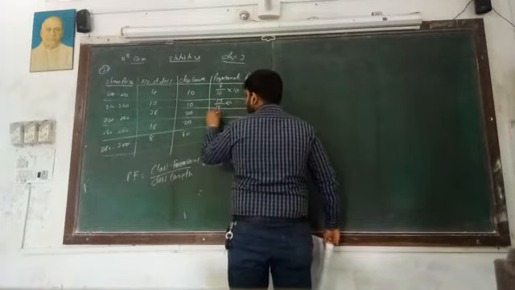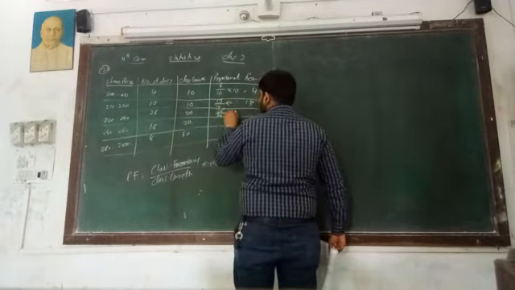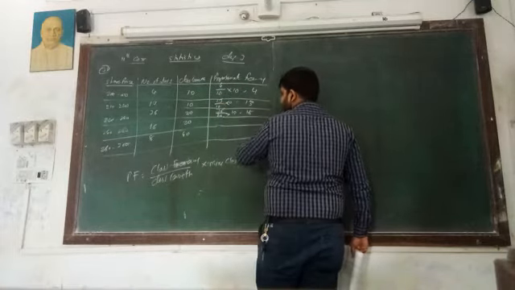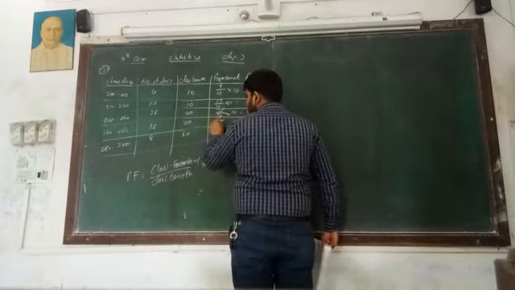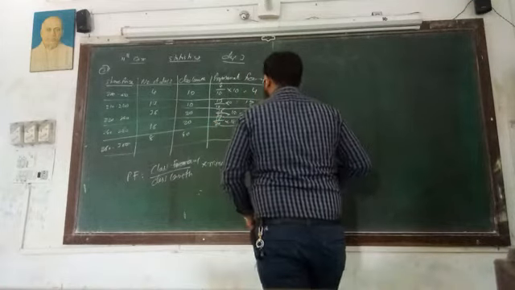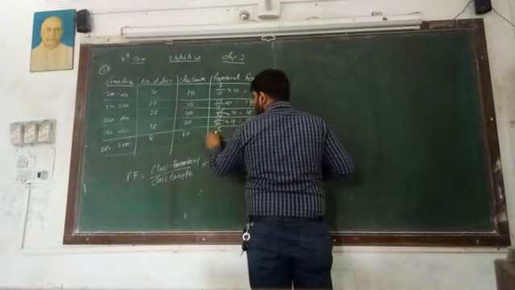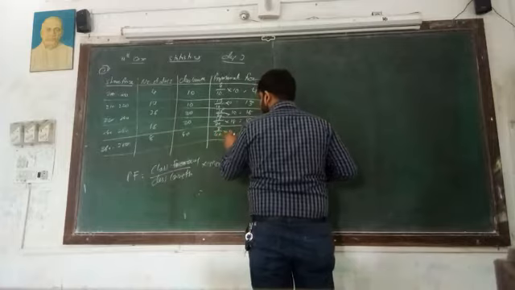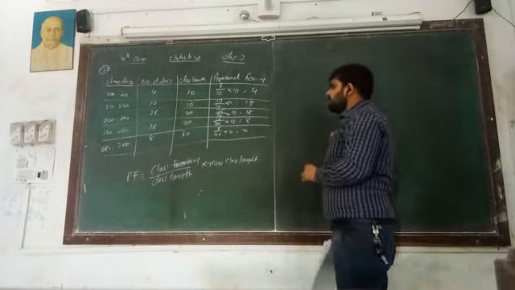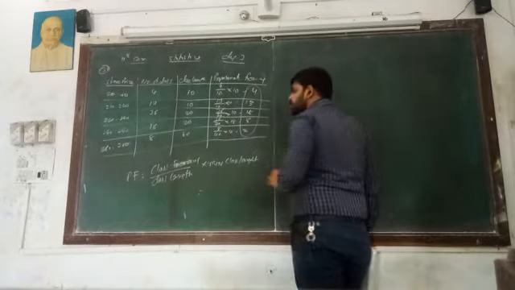In the third, 36, class length is 20, minimum class length is 10, so this is 18. Then 16 divided by 20 multiplied by 10, that is 8. And 8 divided by 40 multiplied by 10, that is 2. So this is all about our proportionate frequency.